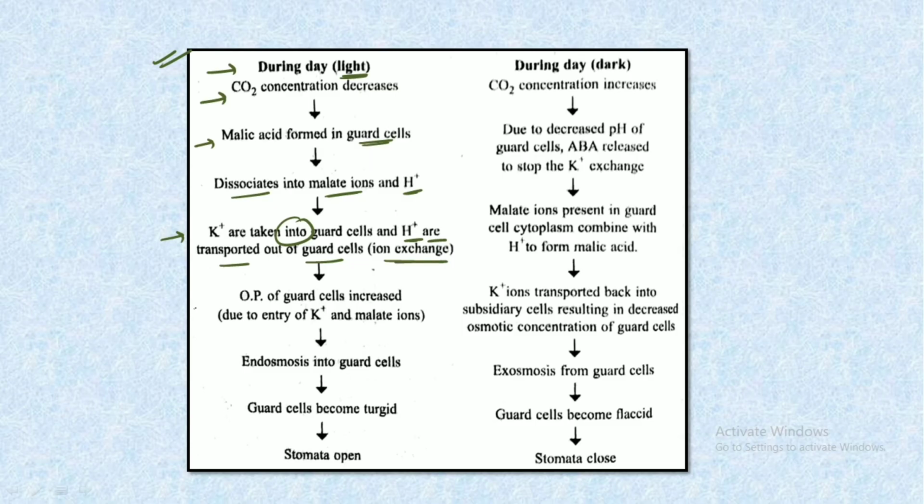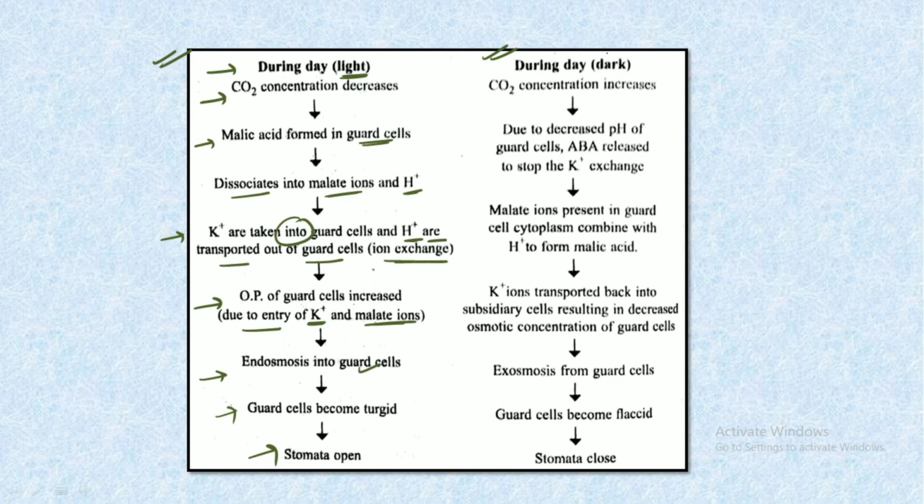There occurs an increase in the osmotic potential of the guard cells, and why does it occur? Due to the entry of K+ and malate ions, and hence there occurs endoosmosis of water into the guard cells. There occurs an increase in the water concentration in the guard cell. The guard cell becomes rigid and finally the stomata opens.